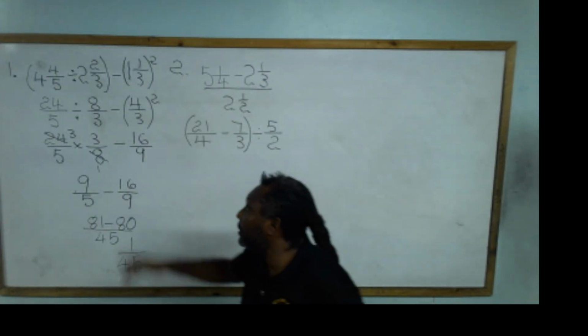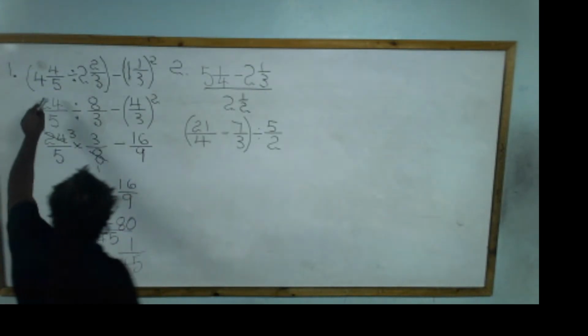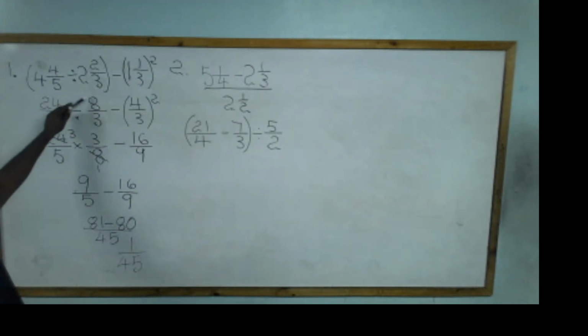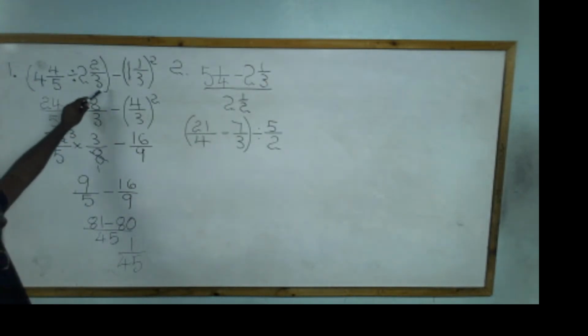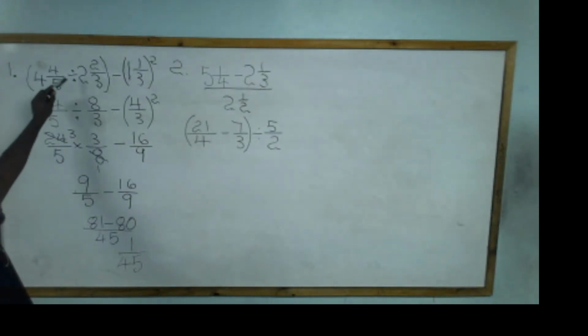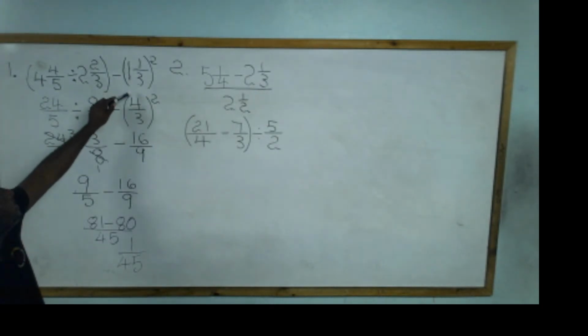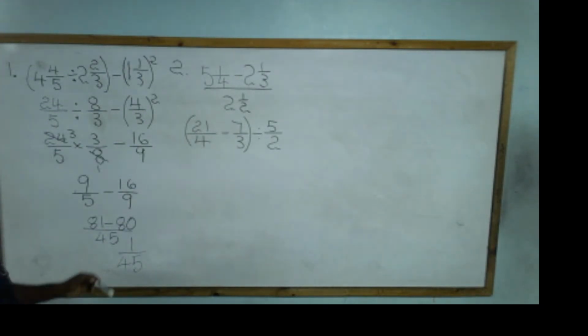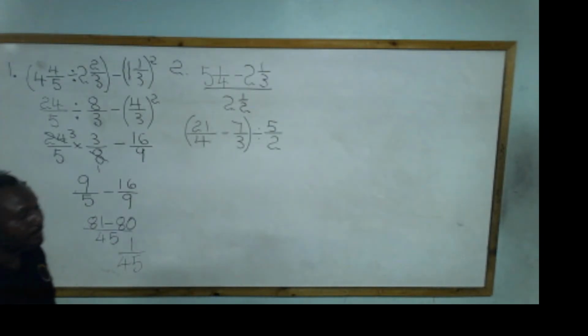Okay, so that's what we have done here. We have relaxed these parentheses because these are not necessary. They are not necessary because the parentheses are telling us to divide before we subtract. But in the normal mode of operation, we generally divide before we subtract. So we don't really have to have that.